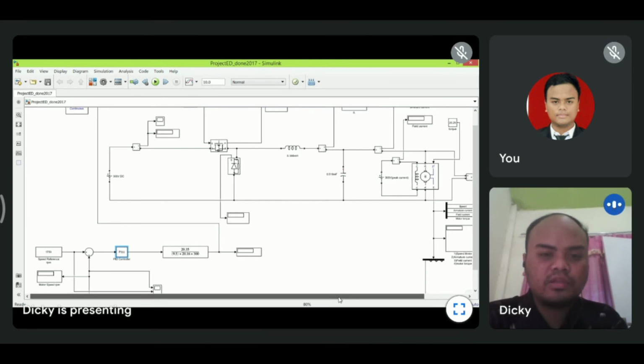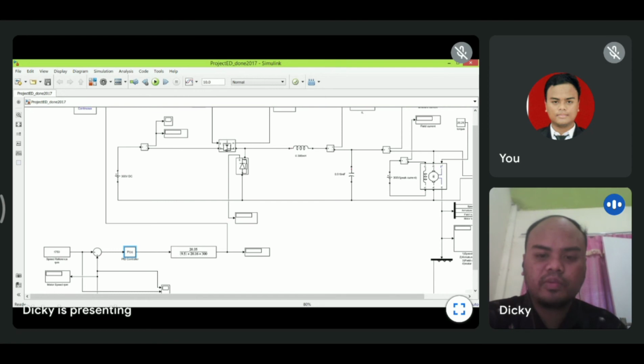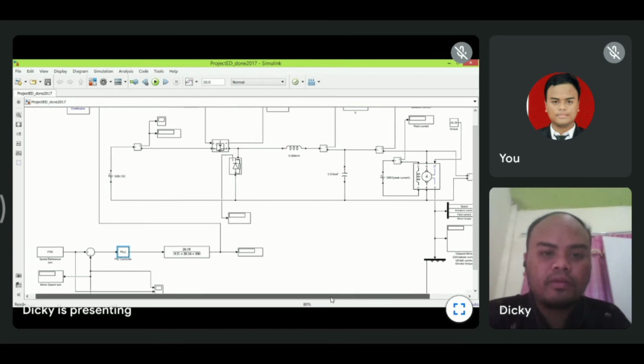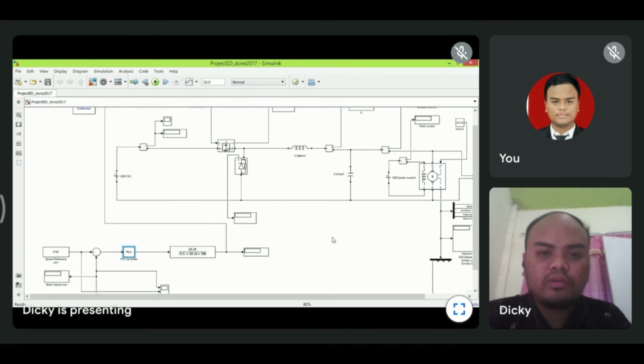With this simulation, we hope to make a water pump that is usable in everyday usage, which we can use to fill the swimming pool.